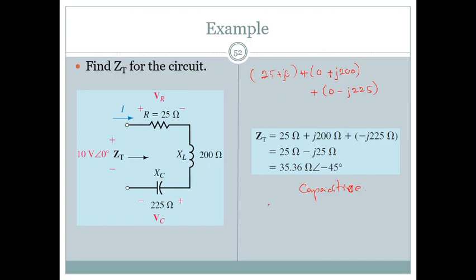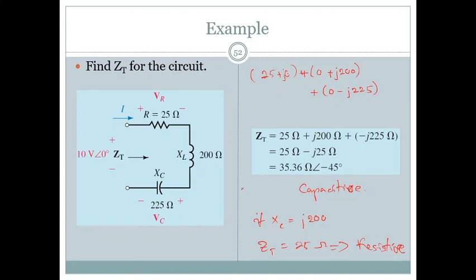Now what if XC was j200? Then we will get ZT equals 25 ohms, because 200 and 200 cancel out. So in this case it will be purely resistive, right?